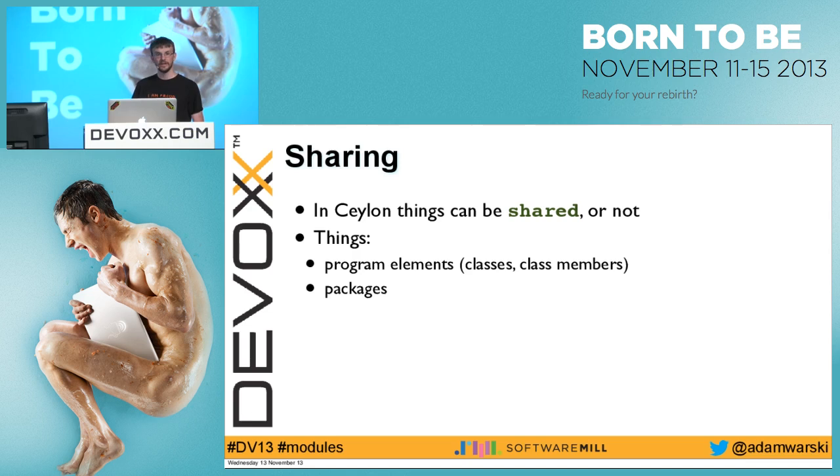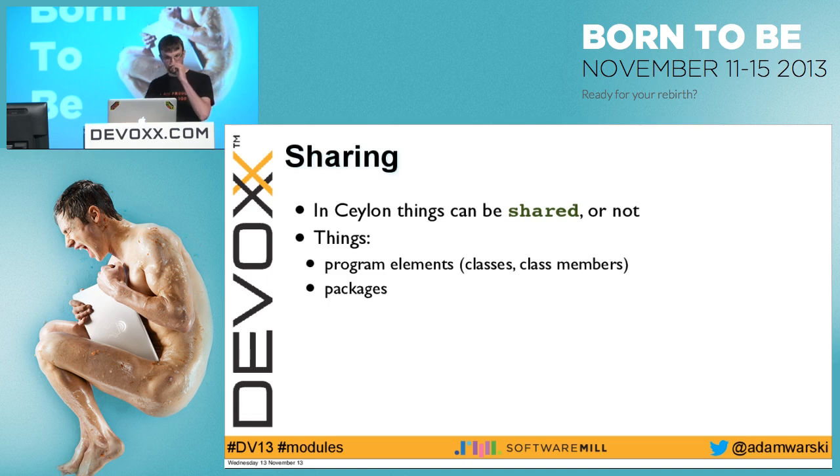In Ceylon, things can be shared or not. Things are program elements like classes and class members and packages, and in fact, module dependencies, as we will see further on. You can think about shared as the equivalent of public in Java.